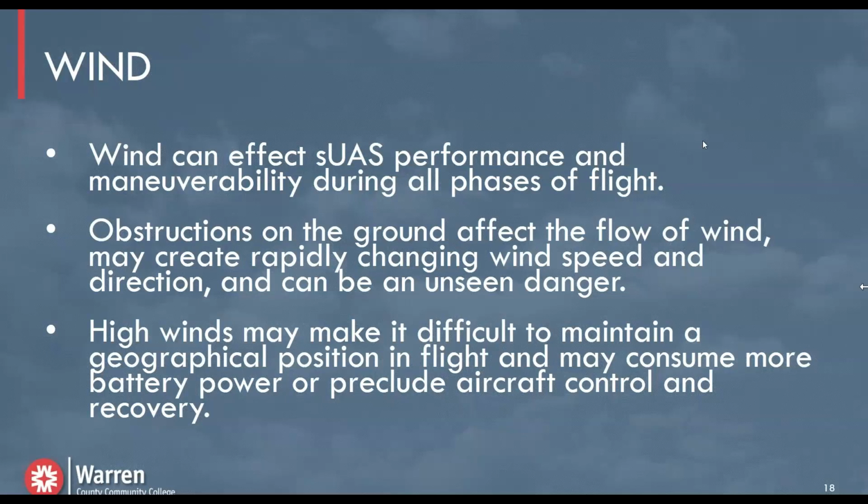Obstructions on the ground, remember, can affect the flow of wind and may create rapidly changing wind speed and direction and are an unseen danger. High winds can make it difficult to maintain a geographic position in flight and may consume more battery power. That's one of the things you'll want to remember especially: instead of battery power on the test, they'll use the word performance. It affects the performance, meaning the efficiency and the effectiveness of the aircraft.